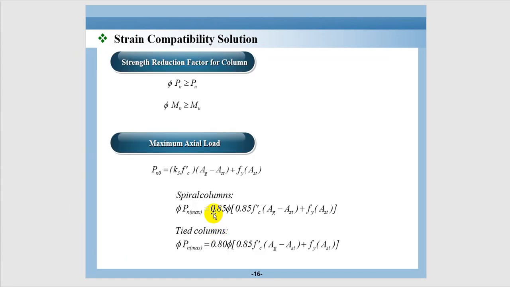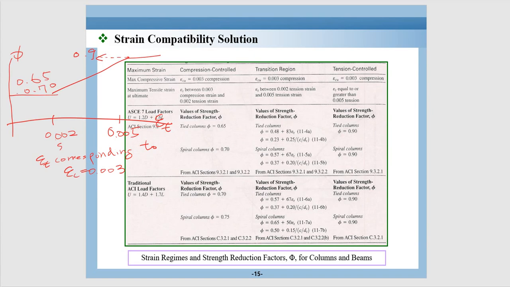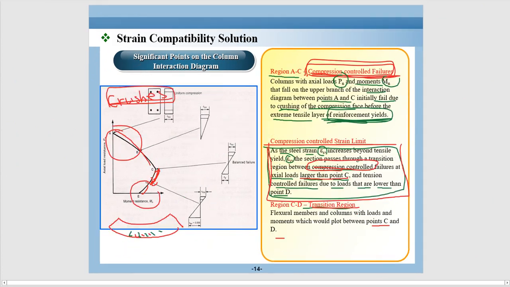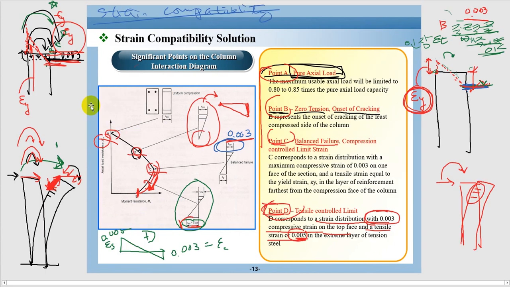And we need to multiply by 0.85 for spiral columns and 0.80 for tied columns. This is what we are talking about here. The maximum usable axial load will be limited to 0.80 to 0.85 times the pure axial load capacity.